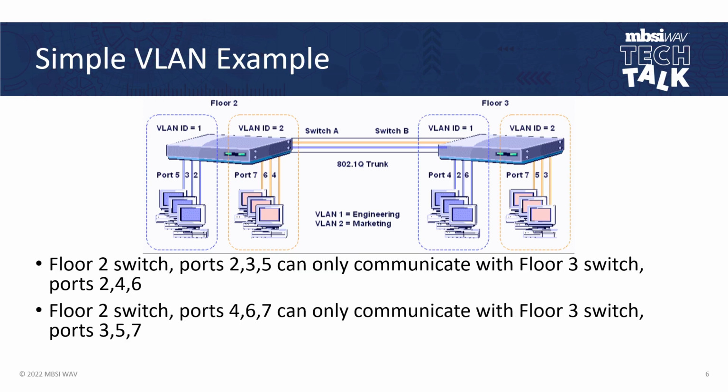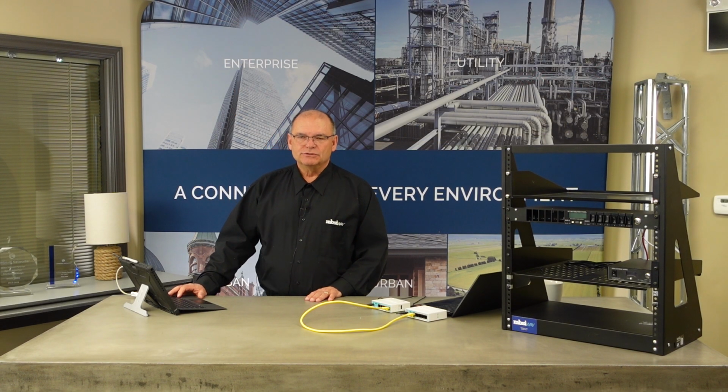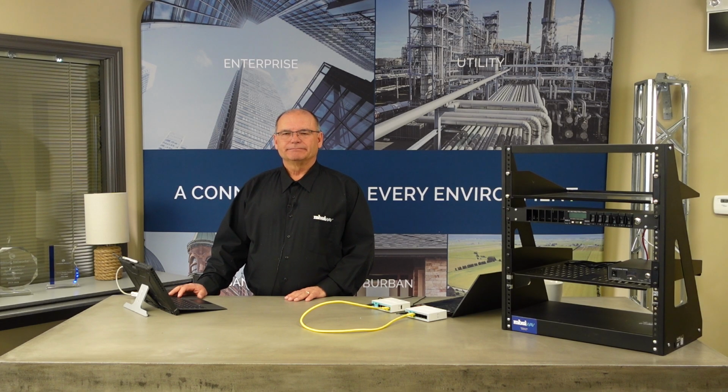In this case, the VLAN 1 that's enabled for engineering could actually be network management, and VLAN number 2 that's for marketing, well, that could be your subscriber traffic. The internet could be on one of the ports of floor 2. So then we use the VLAN to filter the customer traffic out, and we use the VLAN and the customer traffic to filter the management out, so the two do not mix with each other.